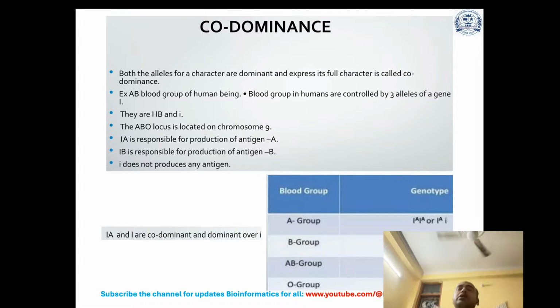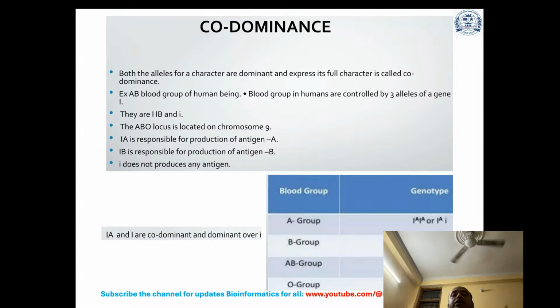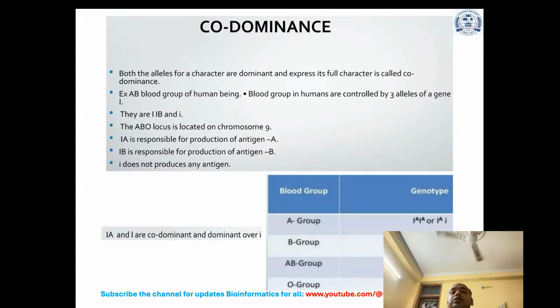From the term you can say they express equally. Both alleles for a character are dominant and express their full character, which is called codominance. For example, in blood group crossing, you can see the AB blood group of human beings. Blood groups in humans are controlled by three alleles of a gene I. They are IA, IB and small i.